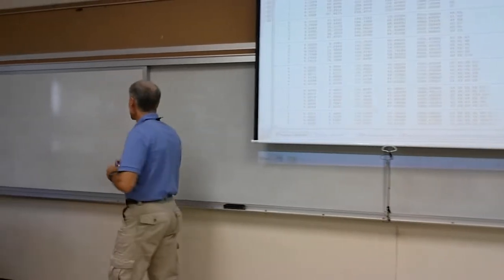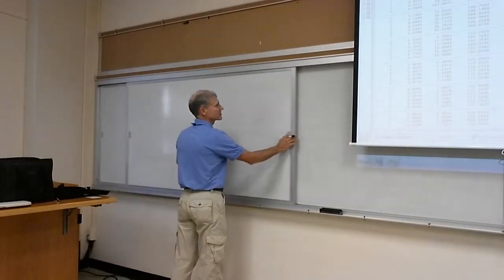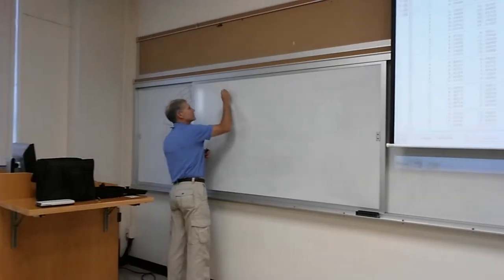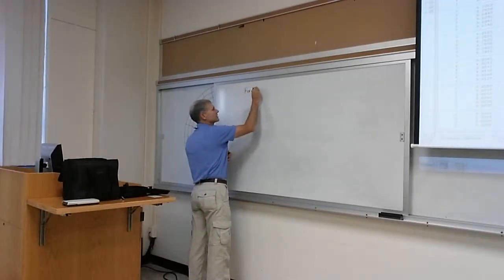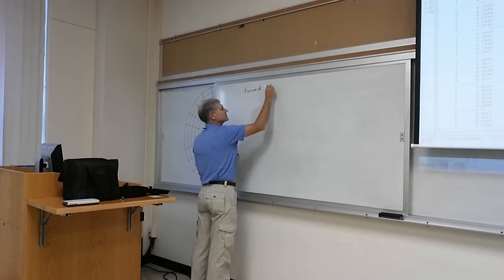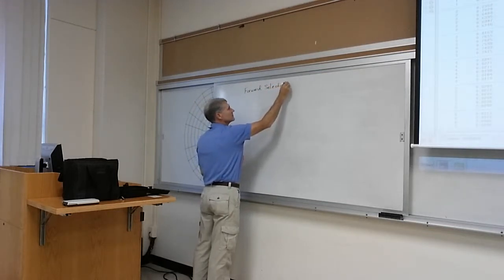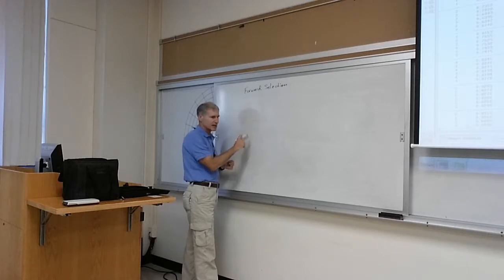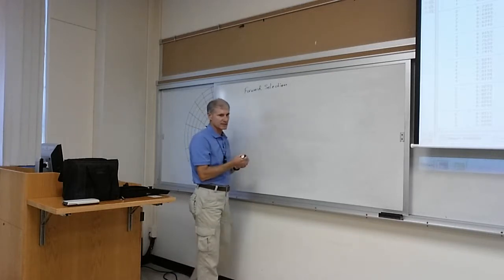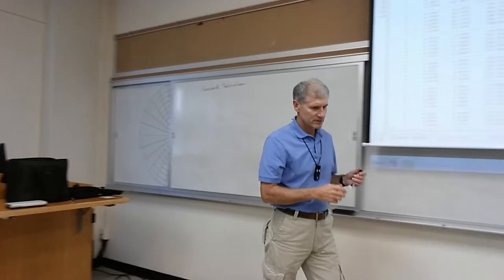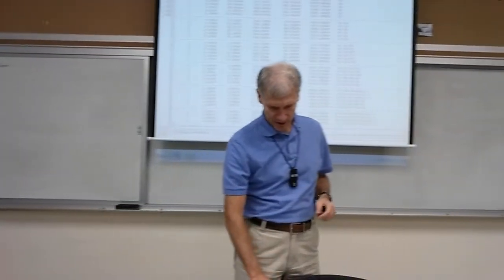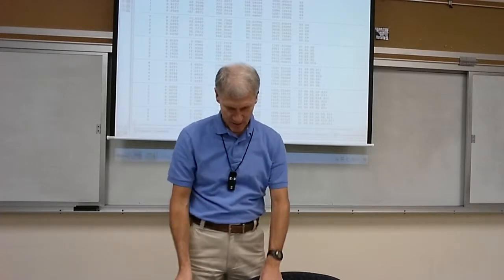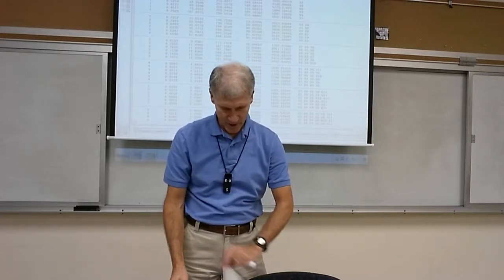Now there are other procedures. There are 3 procedures that are all closely related. The first one is called forward selection. Then backward selection. And the third one is stepwise selection. The book talks about backward and stepwise, but does not talk about forward selection.